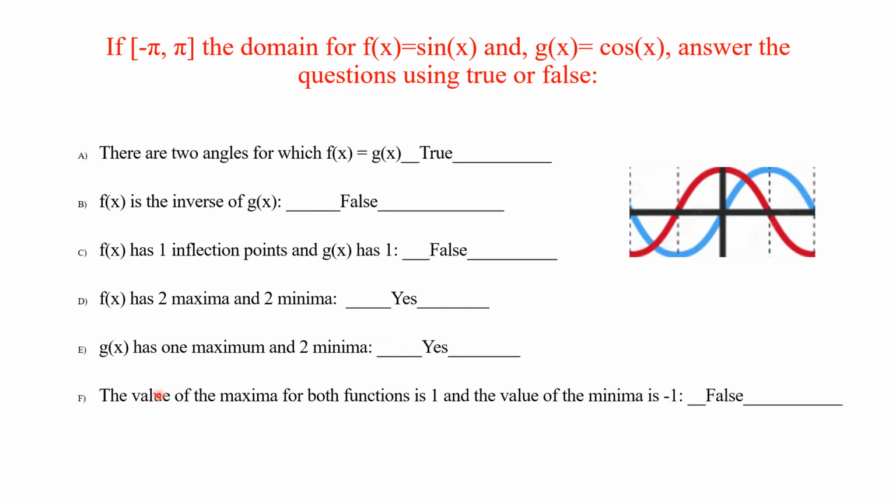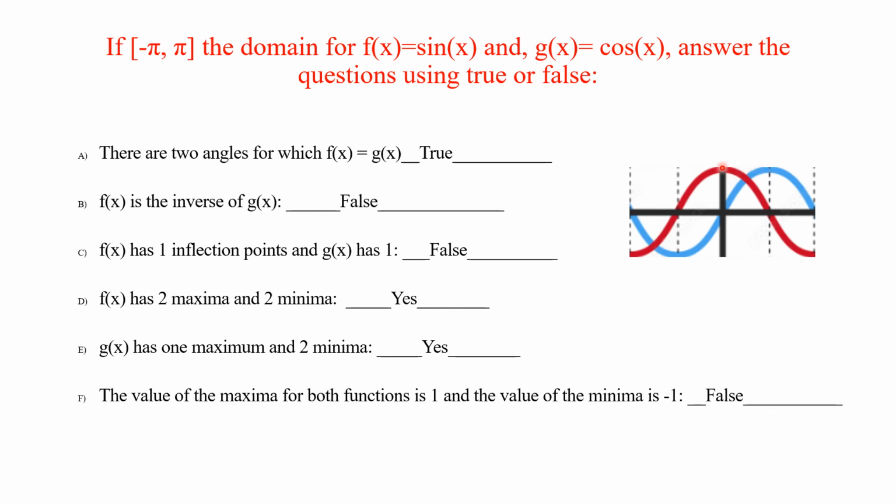Last, the value of the maxima for both functions is 1, and the value of the minima is -1. The value of the maxima, 1, is true, because over here this is cosine of 0 equal to 1, and over here this is sine of pi over 2 equal to 1.